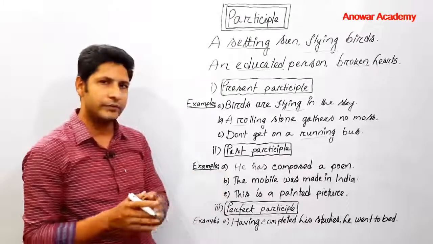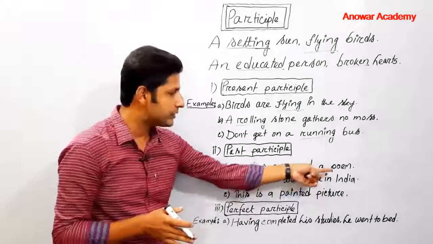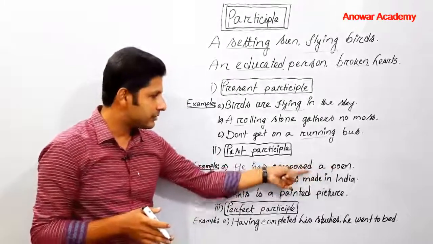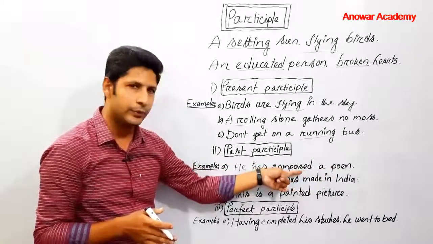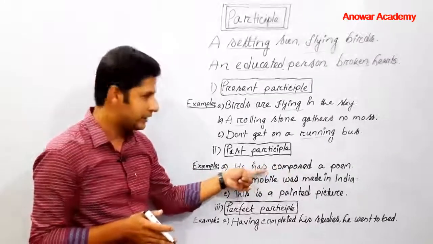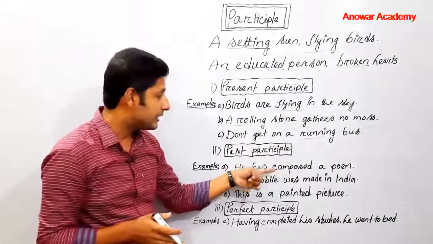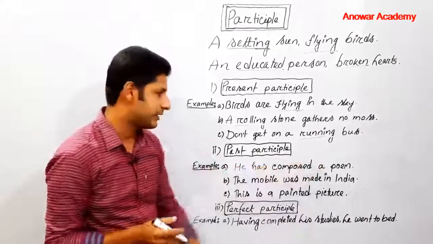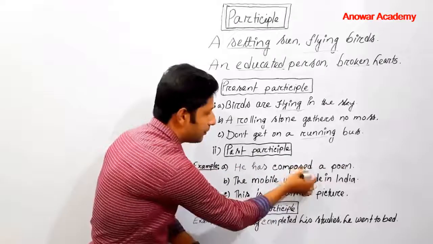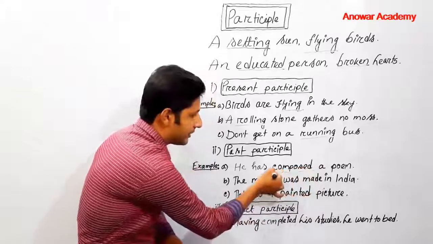In the first example, dear learners, you can see he has composed a poem. Here, past participle of the verb composed is used with the verb has, and it forms a present perfect tense. That's why composed is called past participle.